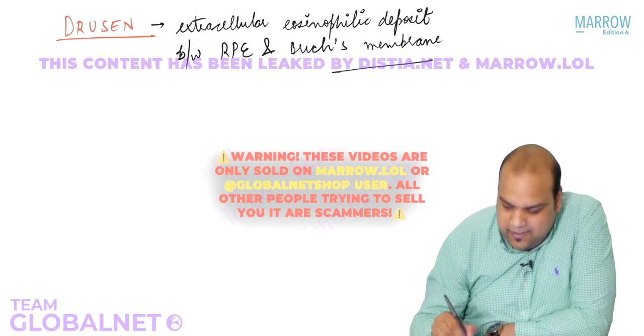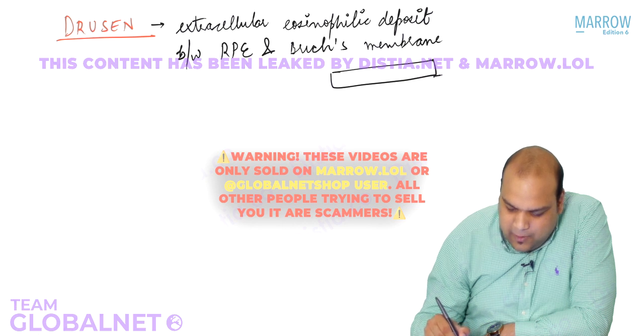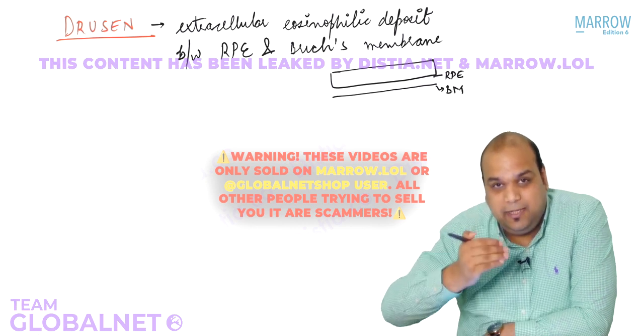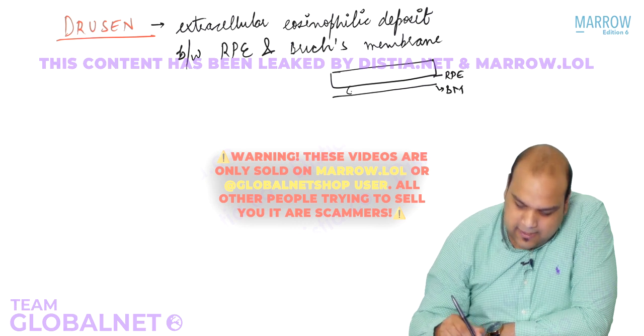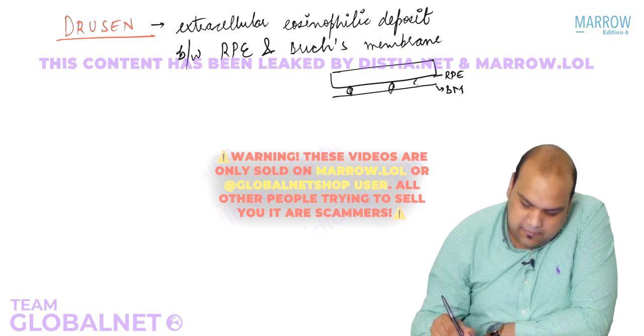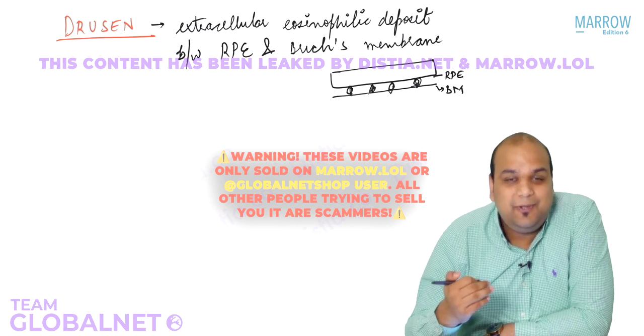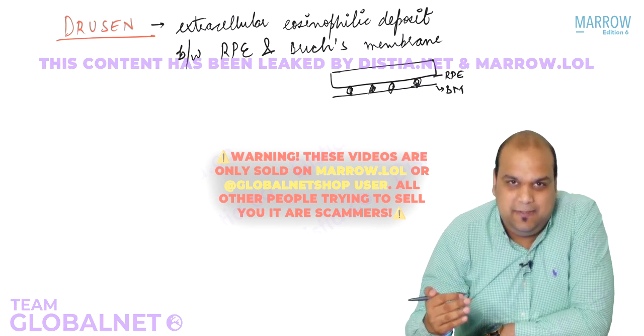If you understand, everybody, RPE is the outermost layer of the retina, whereas Bruch's membrane is the innermost layer of the choroid. So outside the retina, before the choroid, what is accumulating everybody? Some kind of extracellular large deposits, okay, known as drusen or drusen, okay.